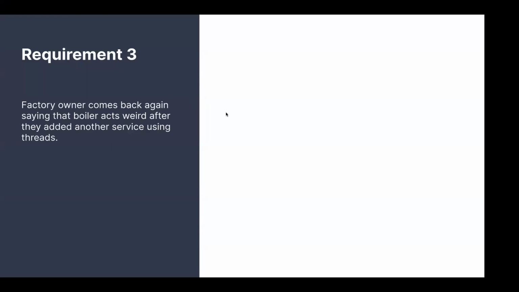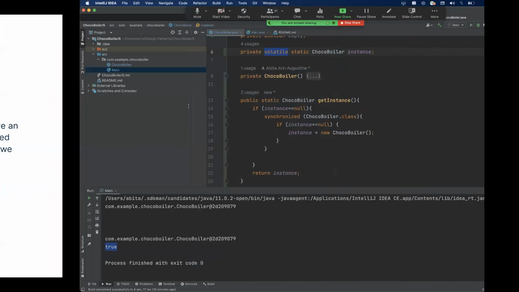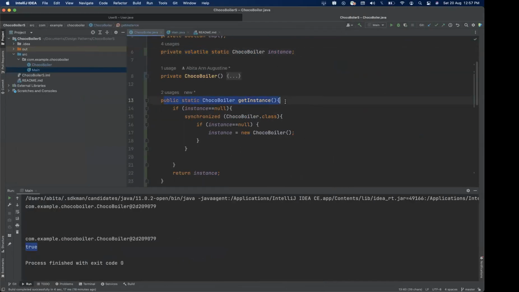Cool. Okay, in that case, I'll move to the next part. As we note from whatever we have done till now, a singleton pattern is a pattern which ensures that we have one and only one instance at any point of time, and then we have a global access to it. This getInstance is how we have a global access to it.